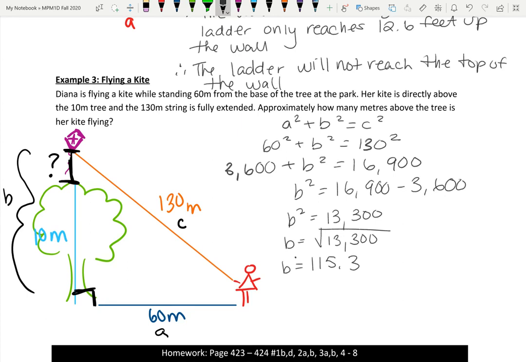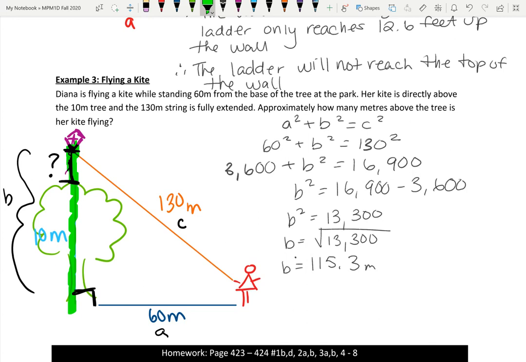Okay, so the total side B is approximately 115.3 meters. So that is a whole side length. So from the ground all the way to the kite, this whole side length is 115.3 meters.